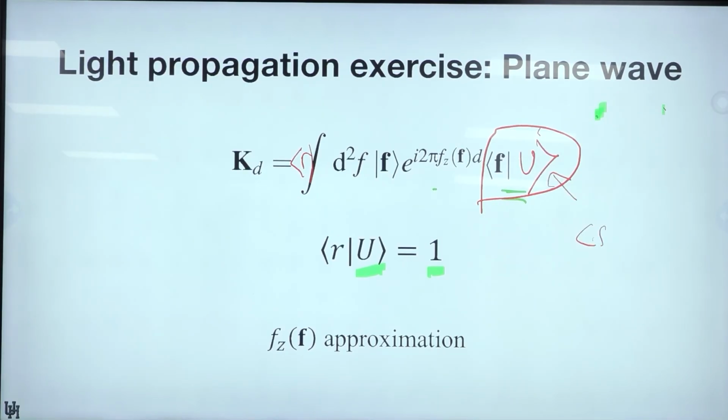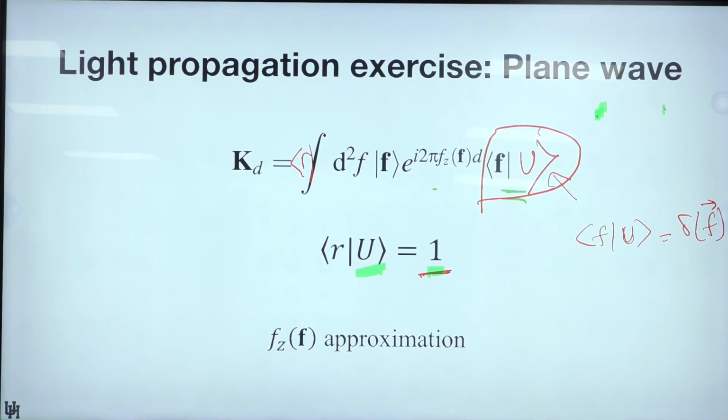F acting on u is equal to what? What is the Fourier domain field? In the spatial domain, if it is 1, what is the Fourier domain here? What's the Fourier transform of 1? Delta of f in this case. Right?